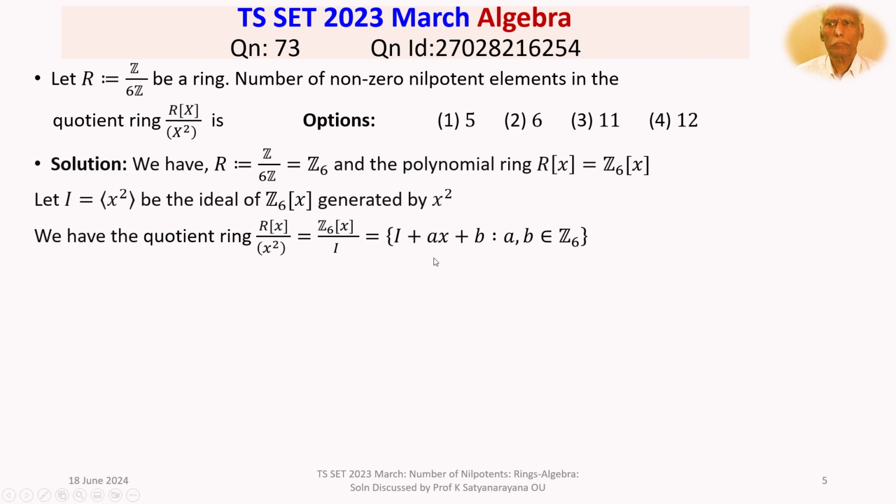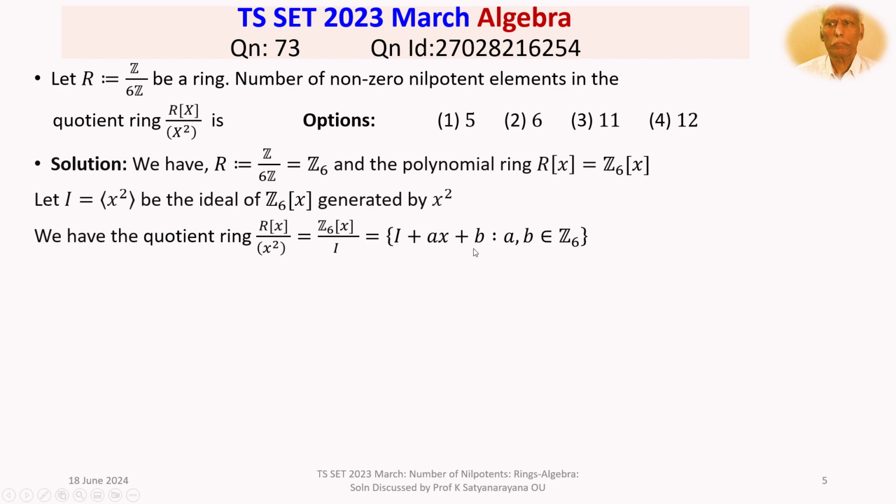Why not ax² + bx + c? If you write ax², that will be merged with I and will become I only. So therefore I + ax + b, where a, b belong to Z6. So how many elements are there in the quotient ring? a takes 6 values, b takes 6 values. So the total number of these cosets in this quotient ring will be 6 times 6, 36.